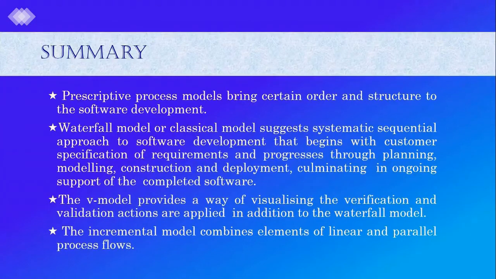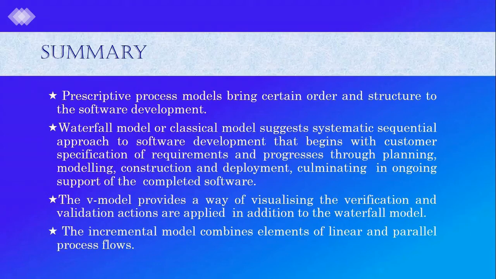Now come to the summary. In this video, we first learned the concept of prescriptive process models. We learned that prescriptive process models are the traditional models. They brought order and structure to the software development process.